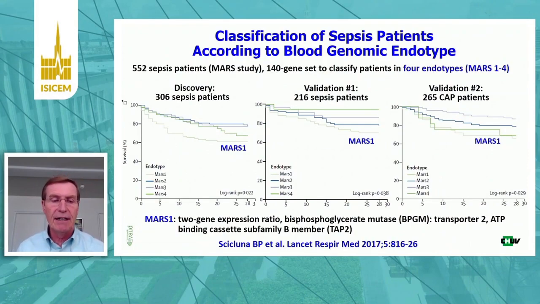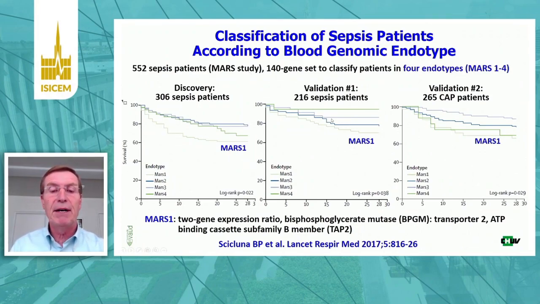Colleagues from the Netherlands collected data from their MARS study. These are patients in the ICU in 2 university hospitals in Amsterdam and Utrecht. This is the 2 diagram on the left and in the center.